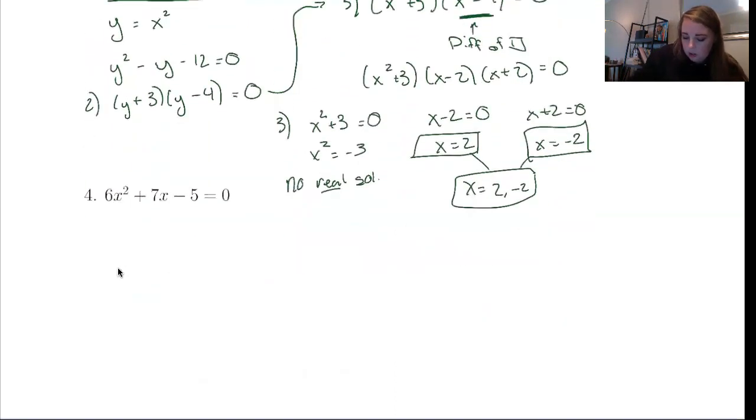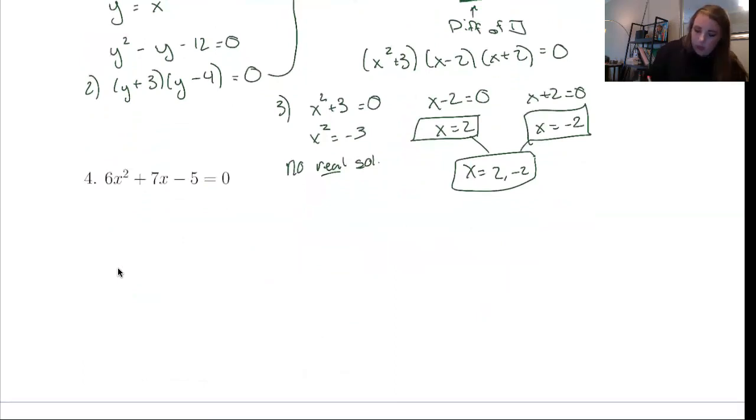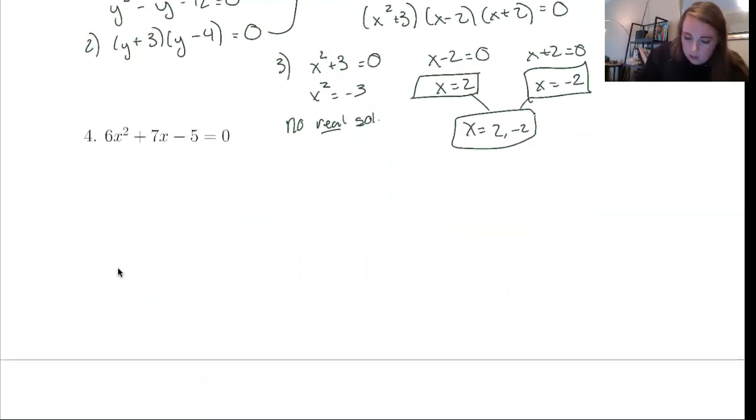Let's do a harder factoring one. 6x squared plus 7x minus 5. So I can't pull out anything right there. So a is 6, b is 7, c is -5.